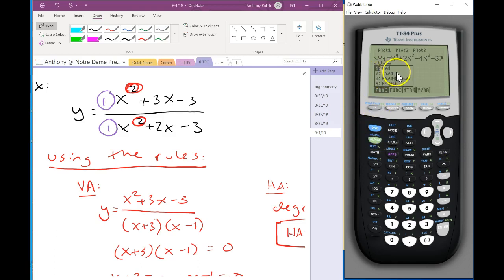And then the option we like is the first one, numerator over denominator. And do x squared plus 3x minus 3, and then x squared plus 2x minus 3. And then I'm going to graph this just in my standard window, so I'll do zoom standard.